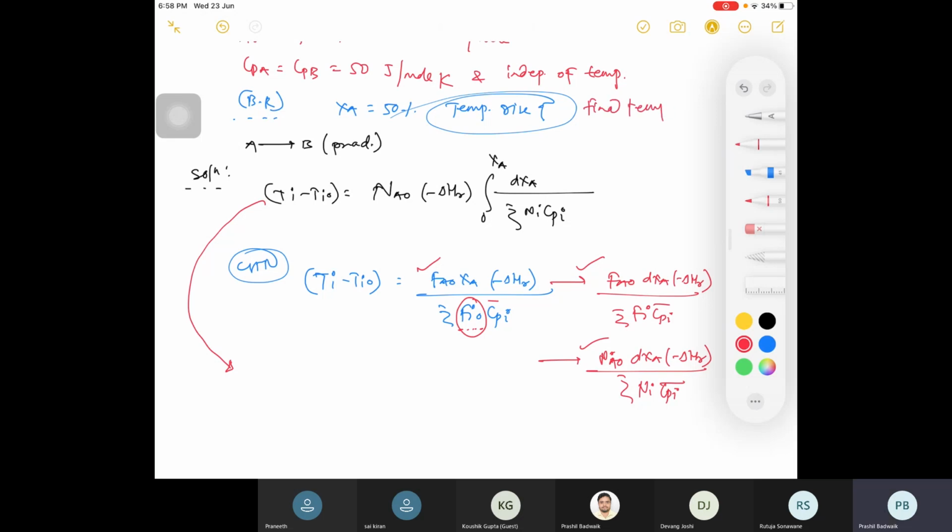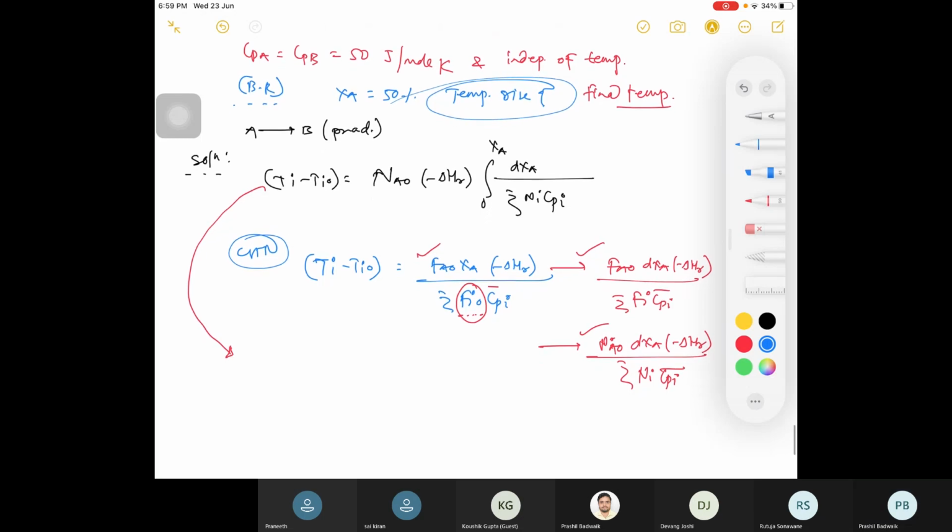Final temperature. Ti has to be found out. Ti naught is given. Ti is equal to minus delta HR reaction at temperature T, Na naught.